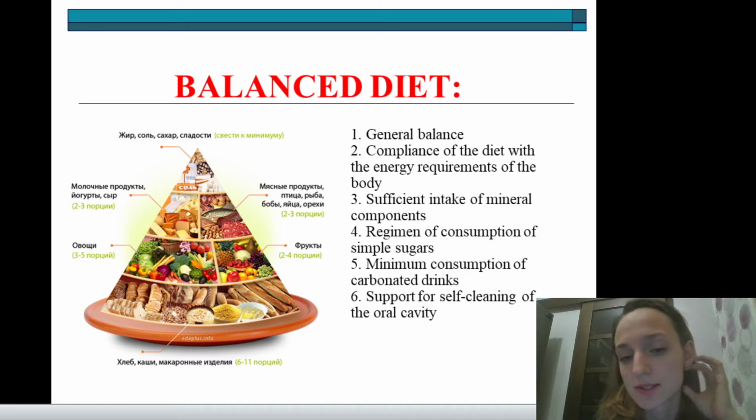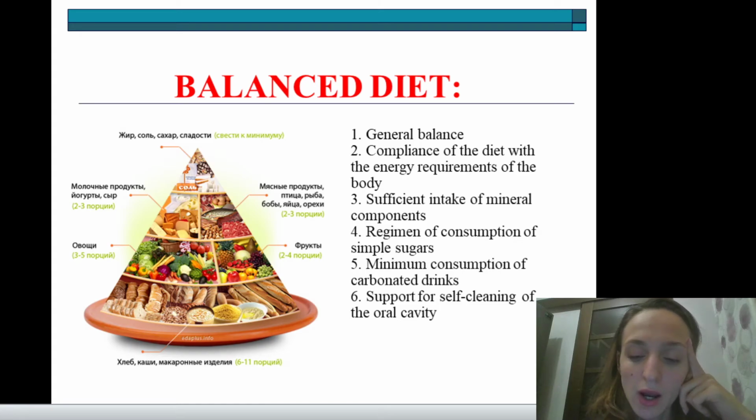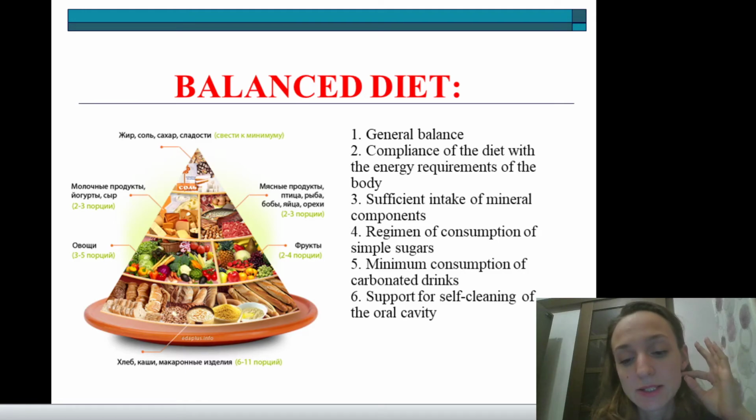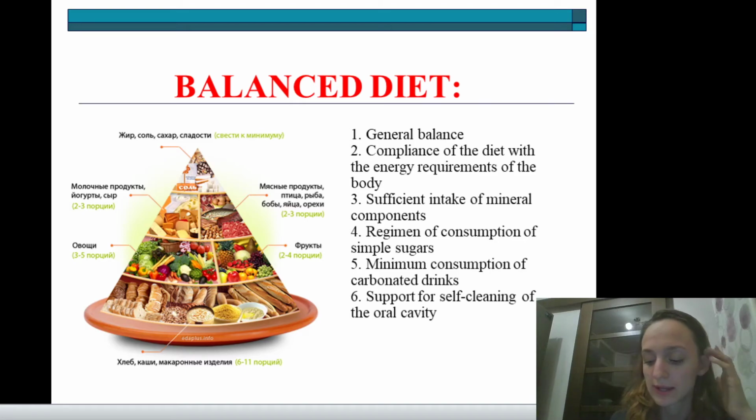And balanced diet. So first of all, it is general balance at all, and compliance of the diet with the energy requirements of the body, sufficient intake of mineral components, restriction of consumption of simple sugars, minimum consumption of carbonated drinks, and support for self-cleaning of the oral cavity.